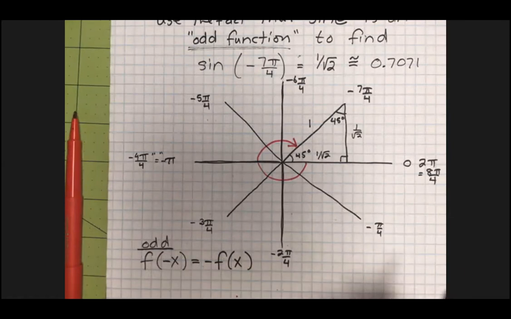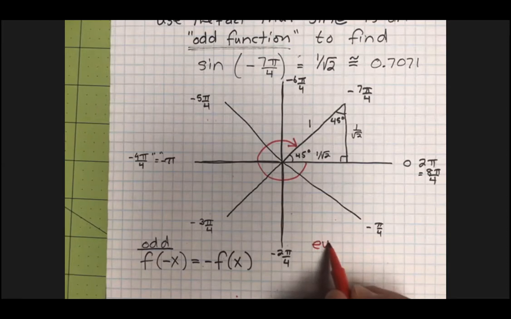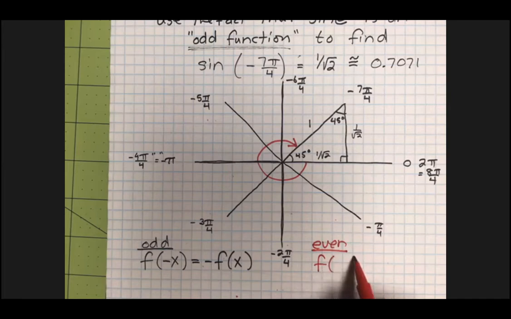It's also got a sister that is called even. When someone says they have an even function, it means when you plug in minus x, you get the same as plugging in x.